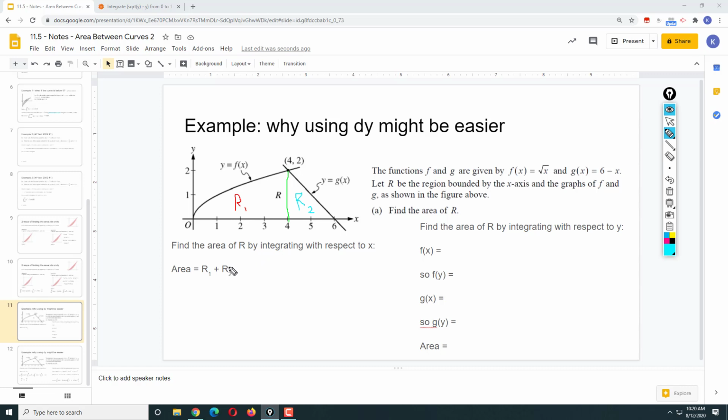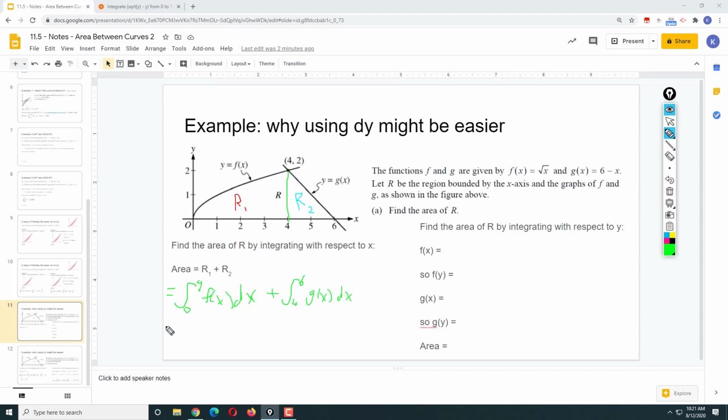So if we want to calculate the area by integrating with respect to x, we would have to solve two integrals. It's doable, it's just more work. So the area is R1 plus R2, which is the integral from 0 to 4 of f of x dx plus the integral from 4 to 6 of g of x dx.